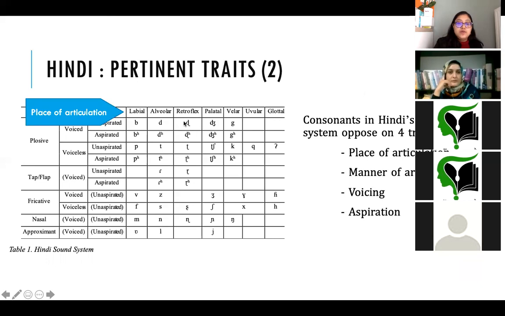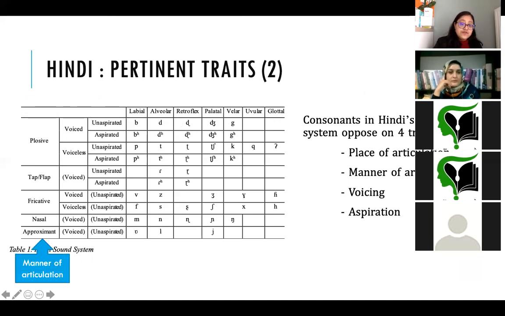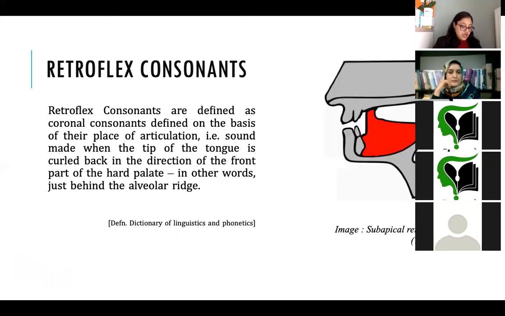We're specifically working on retroflexes. We have manner of articulation, so plosives, taps, spirants, etc. Voicing and aspiration. Aspiration, however, it is to be noted, is not a trait in French.